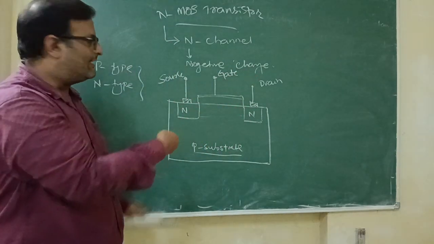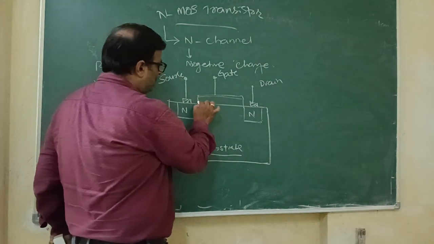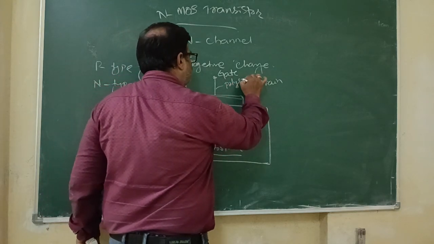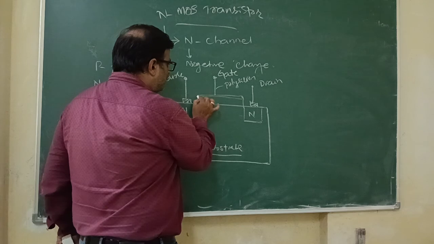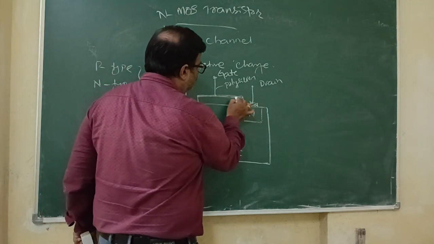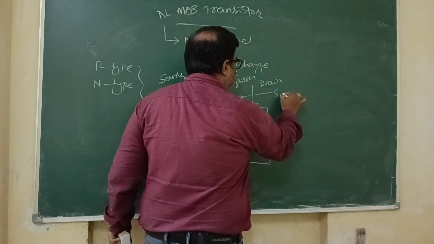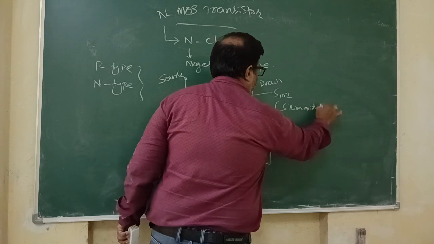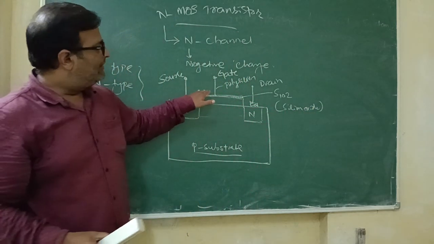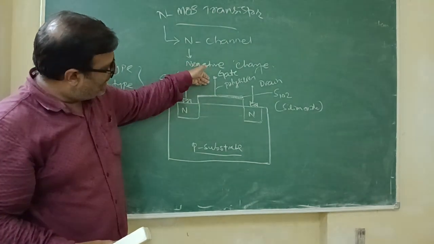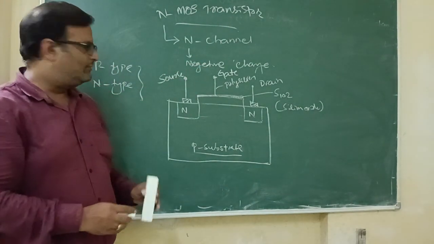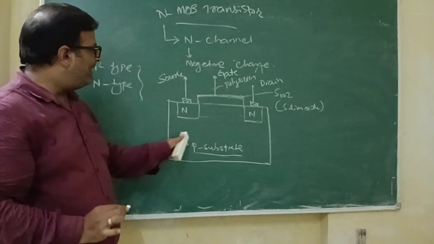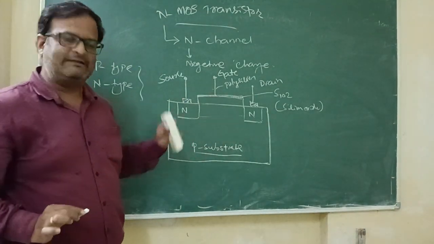Now this gate terminal is of polysilicon, and here there is an insulating material known as SiO2, or silicon oxide, which makes an insulation between the terminals and the polysilicon. In this condition, this is the full structure of an N-MOS or N-channel MOS transistor.